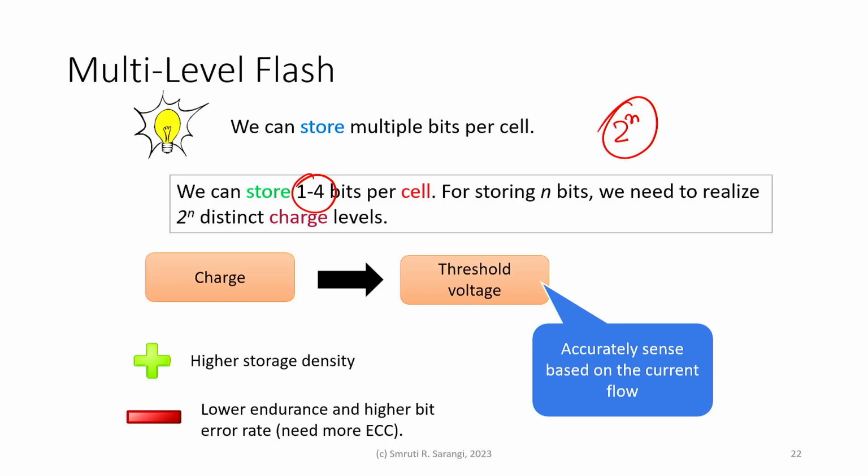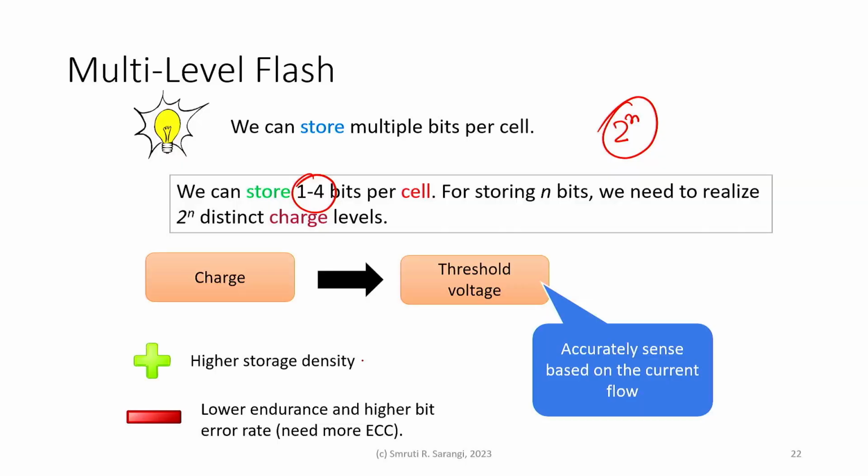That one device actually stores multiple bits. The idea remains the same, that the charge that is stuck in the floating gate determines the threshold voltage, and you use that to accurately sense, based on the current flow, what the voltage is, and the logic level that this is representing. Higher storage density, no doubt.